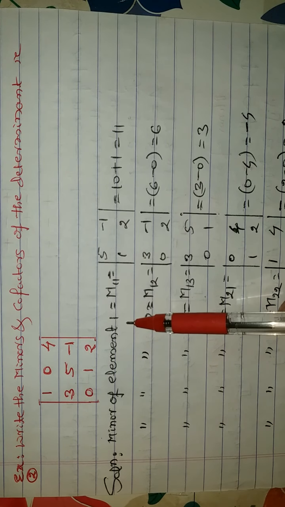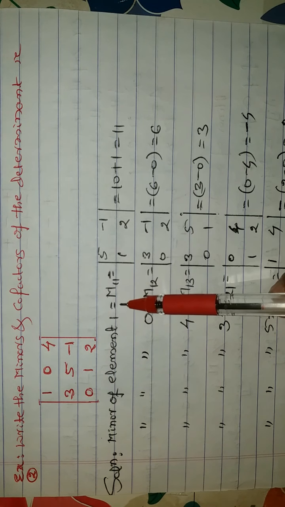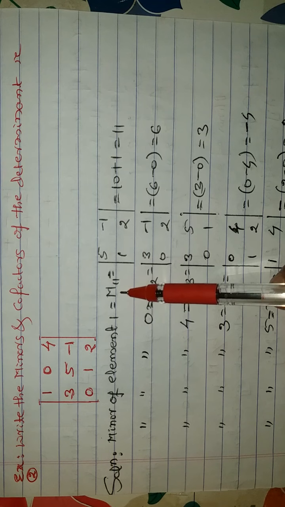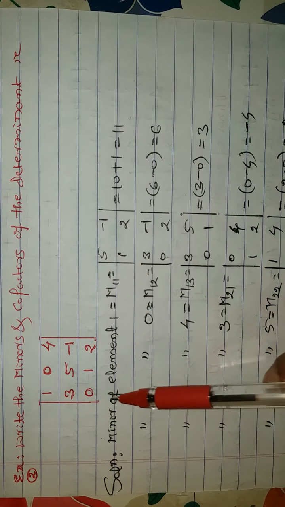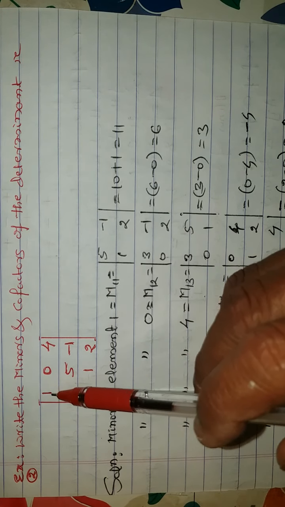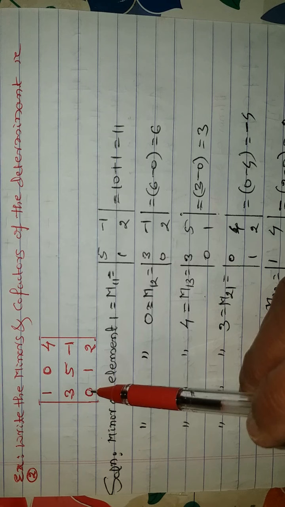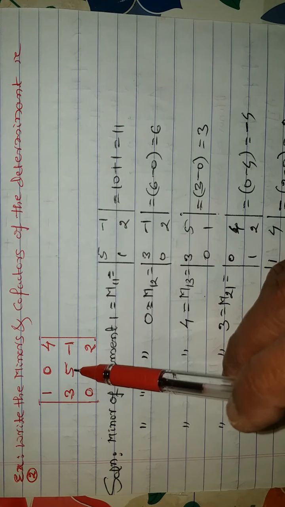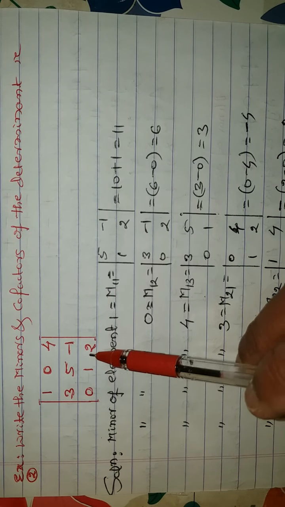Minor of the element 1, which is in the A11 position, can be denoted by M11. According to the definition of the minor, you leave this row and this column, which gives the determinant of order 2: 5, minus 1, 1, 2.